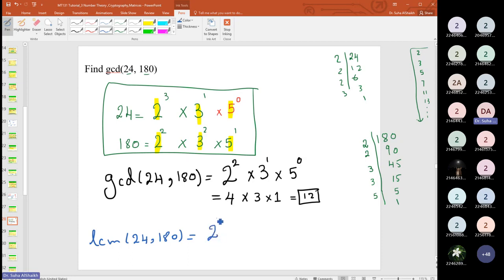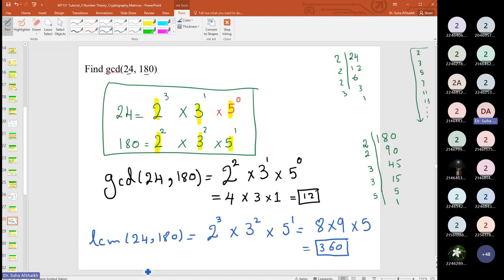So the maximum power of the 2 is 2 power 3. The maximum power of the 3 is 3 power 2. Of the 5, it's 5 power 1. So this is 8 multiplied with 9 multiplied with 5, which equals 360. And this will be the LCM.